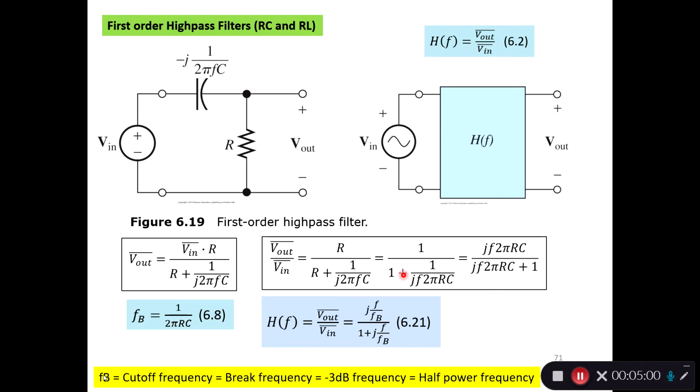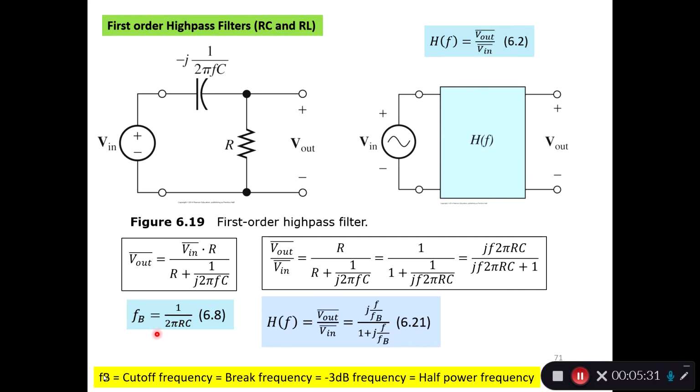And now we have to get rid of this part here so that we don't have anything in the denominator as a fraction. So we multiply in all places with j f 2π R C. So we get j f 2π R C, and also here on the place with 1, j f 2π R C plus 1.